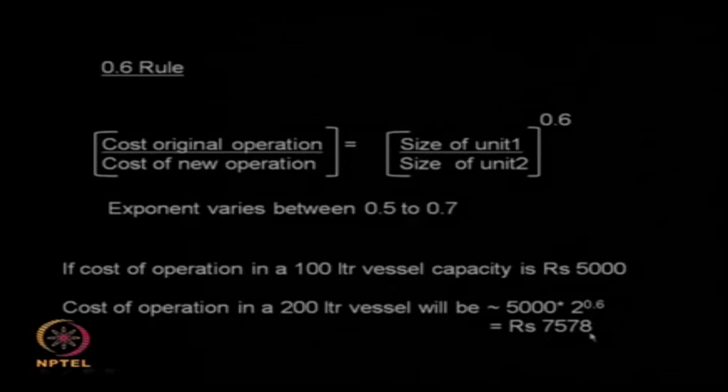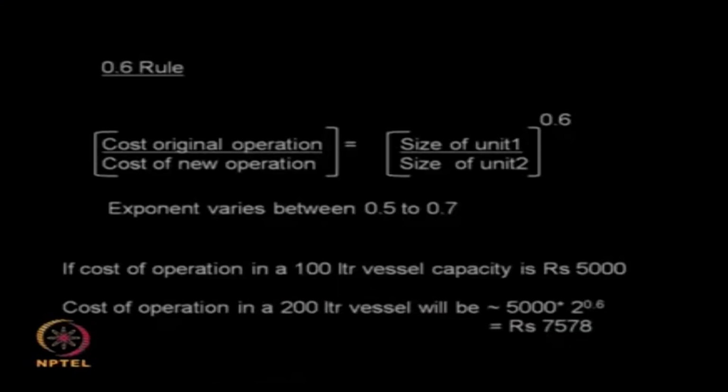So what it tells you is, if I have to operate a vessel of 100 liter capacity and it costs me 5,000 rupees, and if I want to operate a similar vessel, just the size is 200 liter, the cost will not be 10,000 rupees, but it will be 2 raised to the power 0.6 times the original. So it is 7,578 rupees.